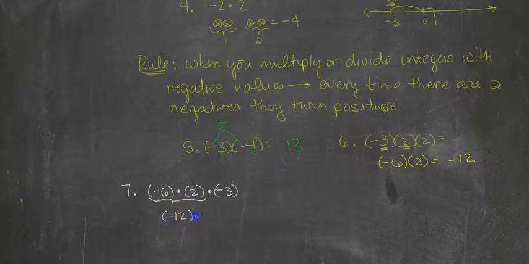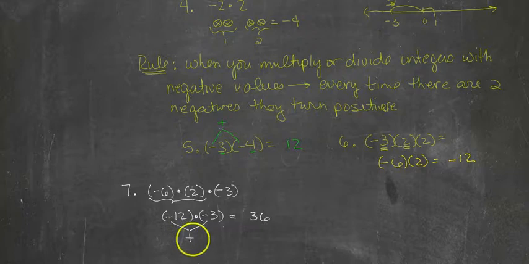And then that's times the -3, which still has to be worked with. So 12 times 3, doing just the numbers first, is 36. And this time I do have two negatives, which become a positive, so the answer is a positive 36.